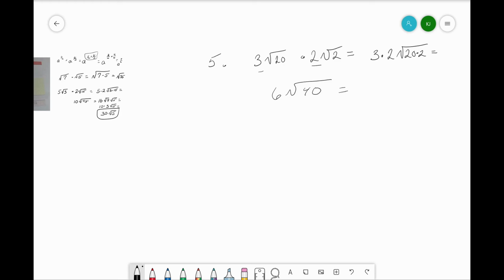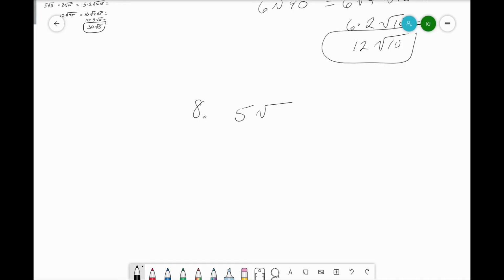And then 40 can be reduced down. So we have 6 times the square root of 4 and the square root of 10, because obviously 40 can be broken into 4 and 10. And then the square root of 4 can be simplified to 2, which then becomes 12 times the square root of 10 as our answer.